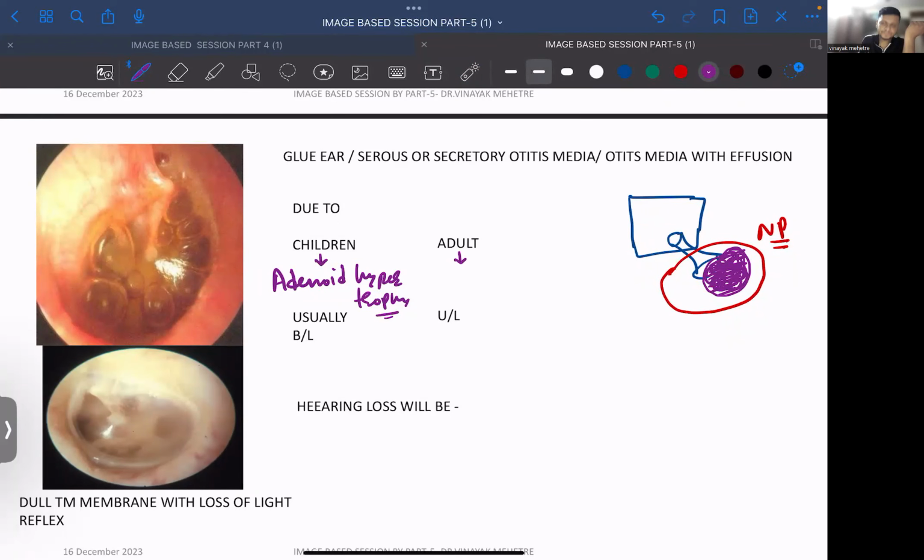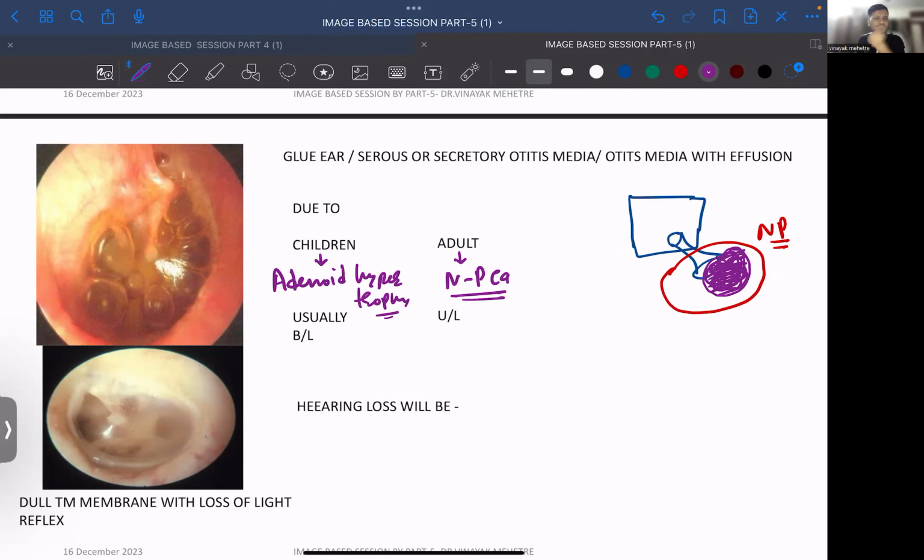Adult में क्या होगा? That is nasopharyngeal carcinoma, right? Nasopharyngeal carcinoma में क्या होता है? It will be of course on one side. Fossa of Rosenmuller is situated near the eustachian tube. Over there we will have it, एक side में होगा.